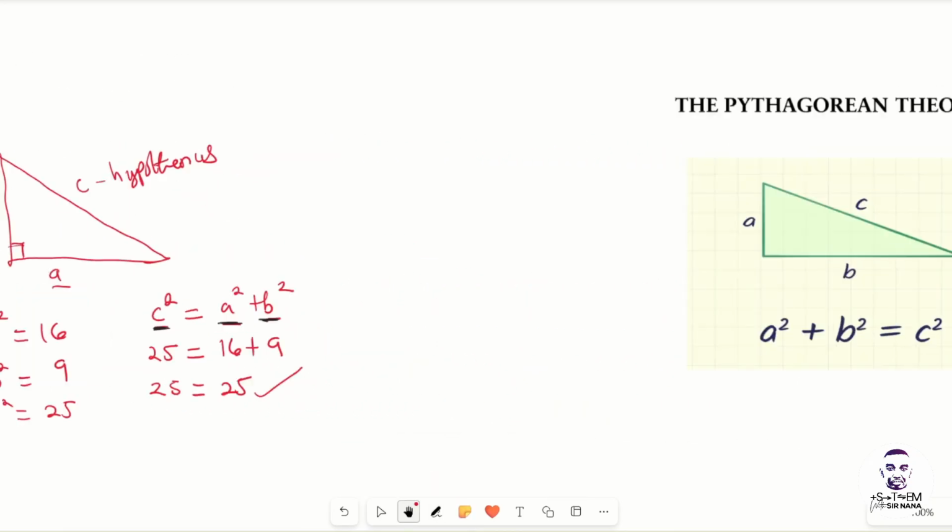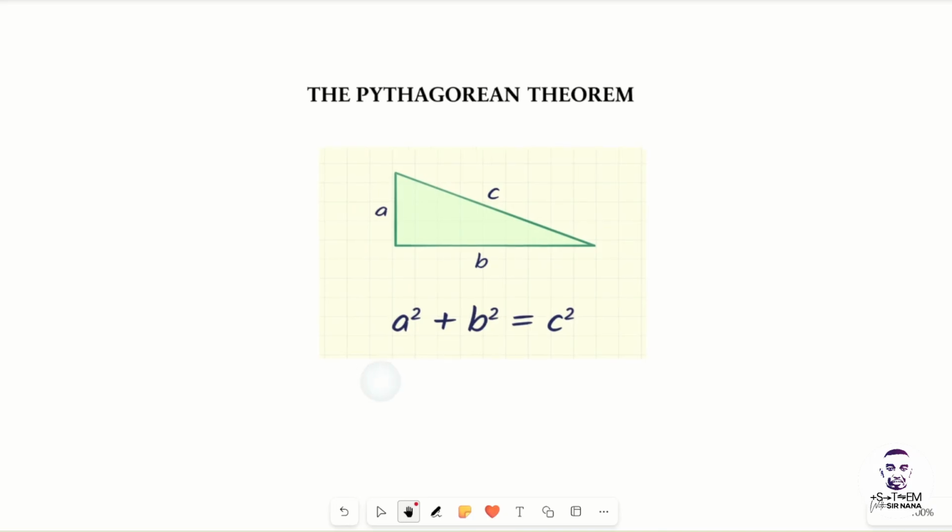So now basically when we consider the Pythagorean theorem, we are looking at a right angle triangle, and we know that for a right angle triangle there's a 90 degree angle at one side. Once we have that, we know that the square of the hypotenuse is equal to the sum of the squares of the other two sides, so A squared plus B squared. Let's assume we've labeled the triangle as A, B, and C. Then we can write that AC squared is equal to AB squared as a length plus BC squared.